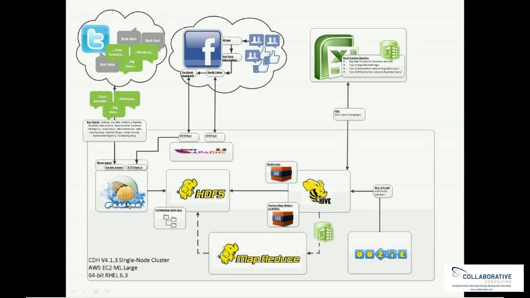At that point it will receive the JSON data from Facebook and put it to the Hadoop file system in the same manner in which the Twitter data is streaming.